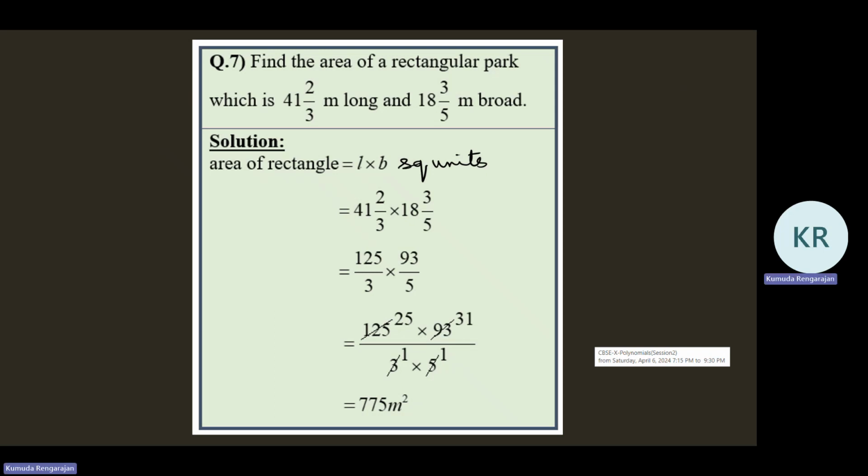Made a mistake while converting. Which one is? Read your fractions. Read what you've written. No, that improper form. Improper form.